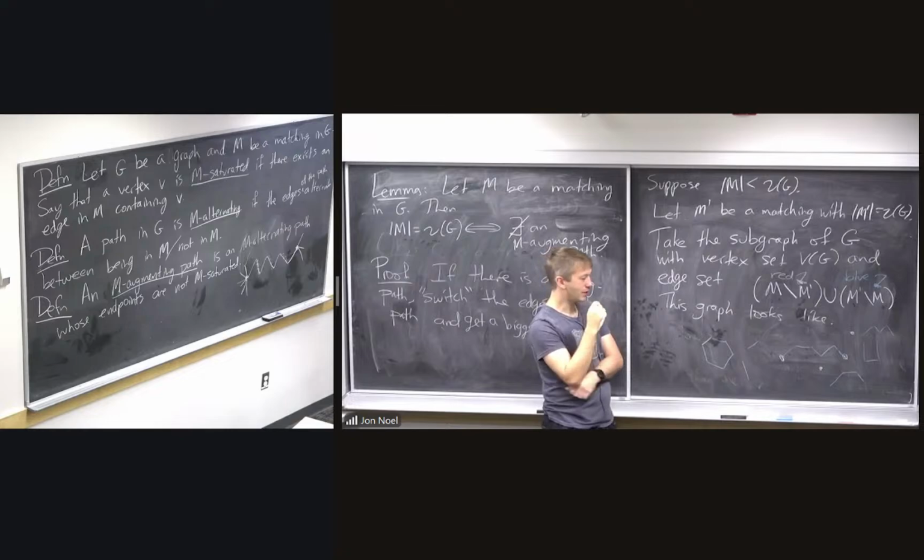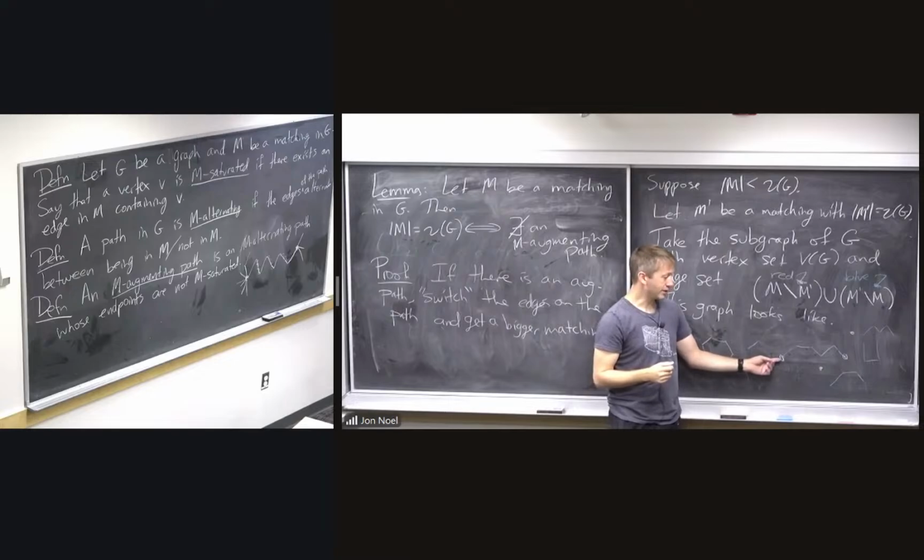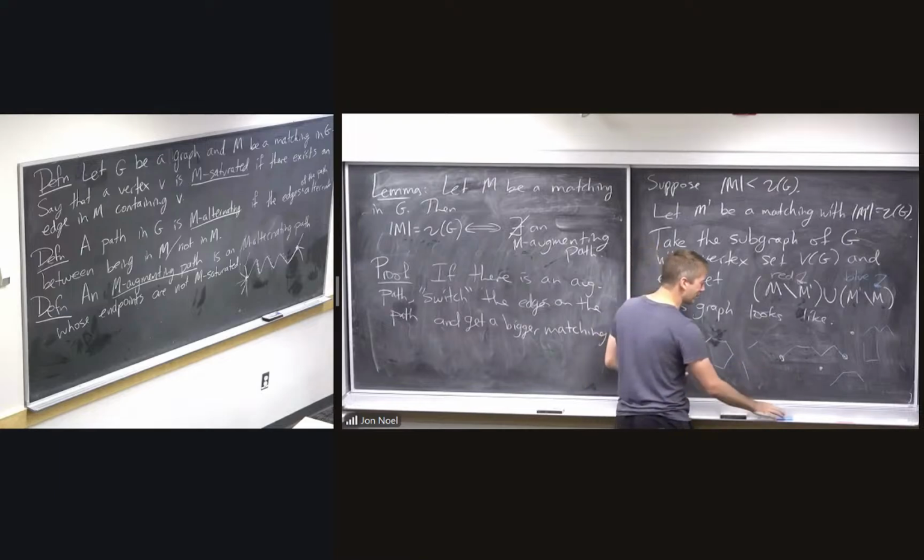If I look at that vertex, I don't see any red edges. So there are no edges from M minus M prime incident to that vertex. The only other edge of M that could be incident to that vertex is one that's in M and M prime. But that can't be there because M prime is a matching and there's a blue edge already. I'm not sure if that makes any sense.